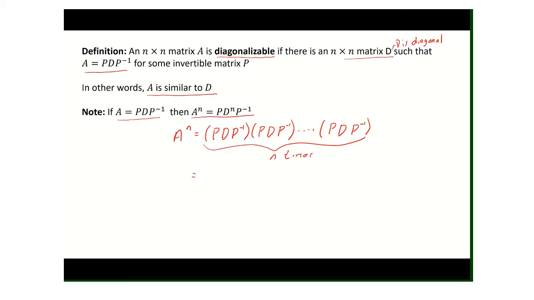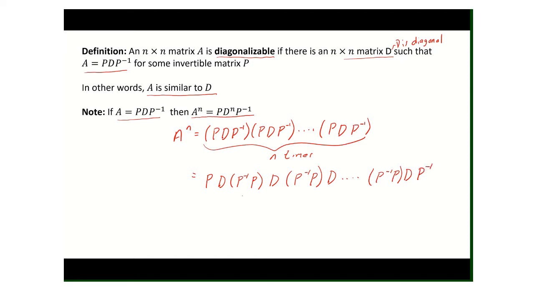So rewrite this now. You have P times D times, grouping these, P inverse times P times D times, group the next ones, P inverse times P times D, and so on, all the way down, P inverse times P times D times P inverse at the end.